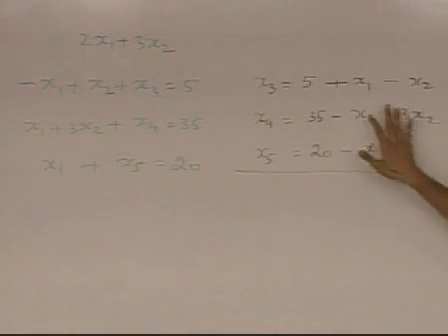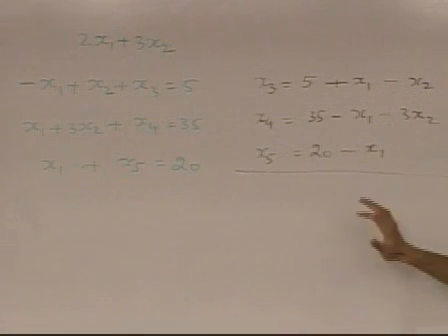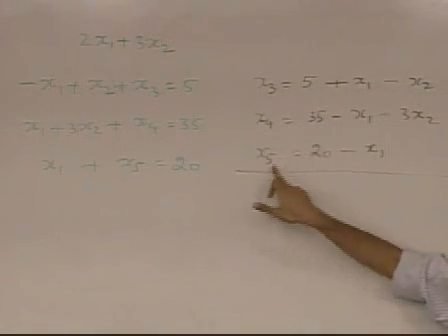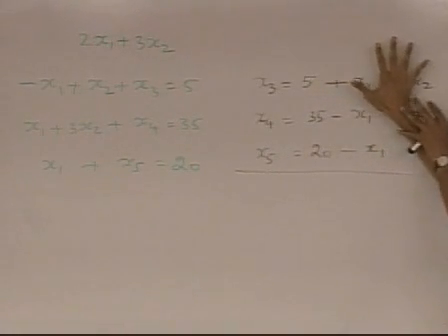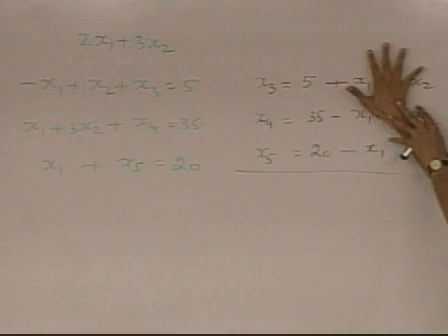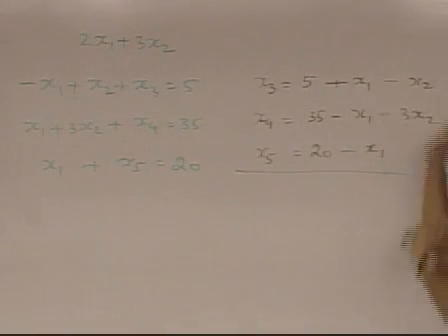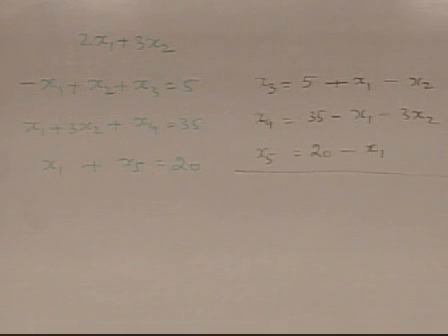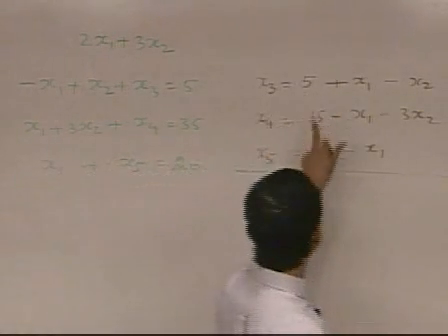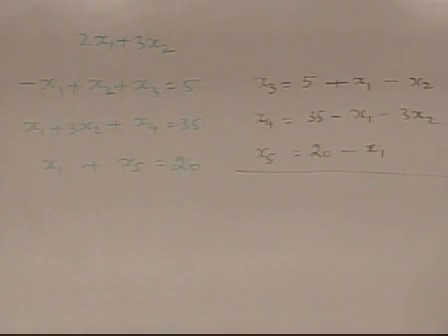If you set these values to 0, you can read off the solution just by looking at these numbers, because this entire stuff is 0, so I don't have to worry about this mess. And that solution corresponds to this particular point in the picture. This is the point where x1 is 0, x2 is 0, and x3, x4, x5 assume values 5, 35, and 20 respectively.